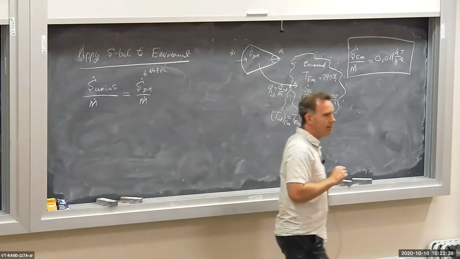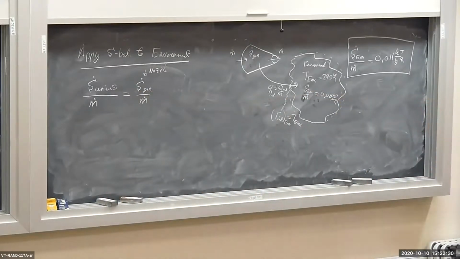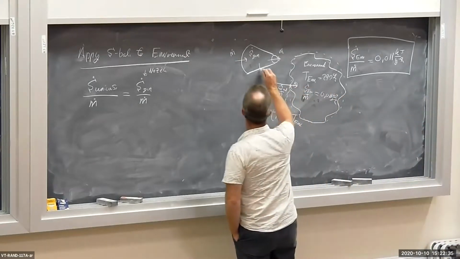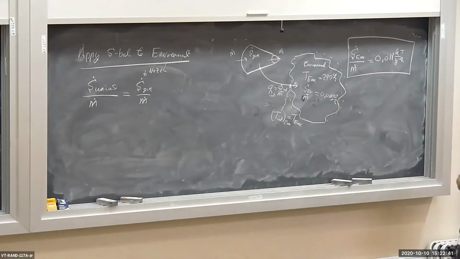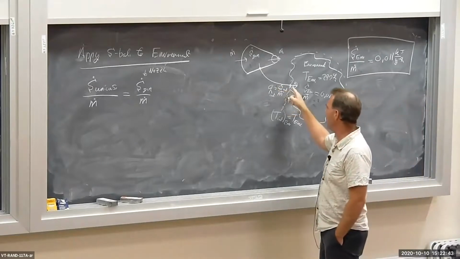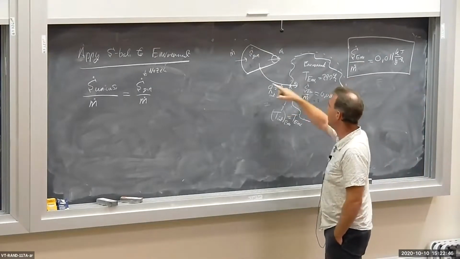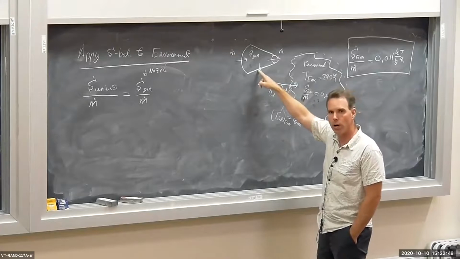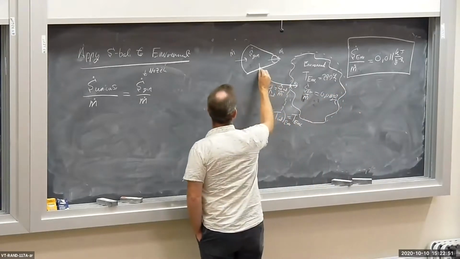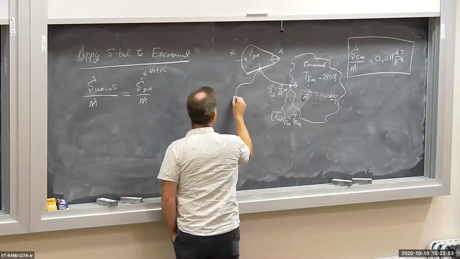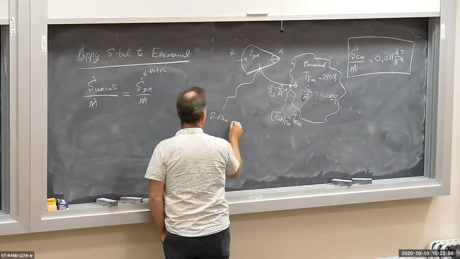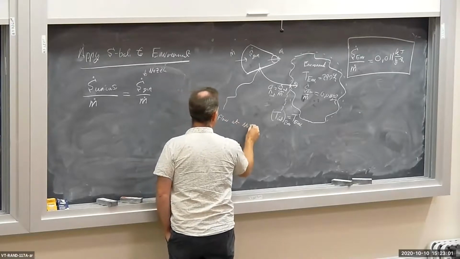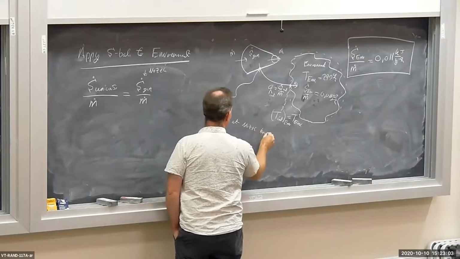Plus what? Let us look at the entropy transfer right here at the surface of the nozzle. Let's actually calculate the flow of entropy, not at the environment, which we've already done, but the entropy flow right here. S flow at the nozzle boundary.